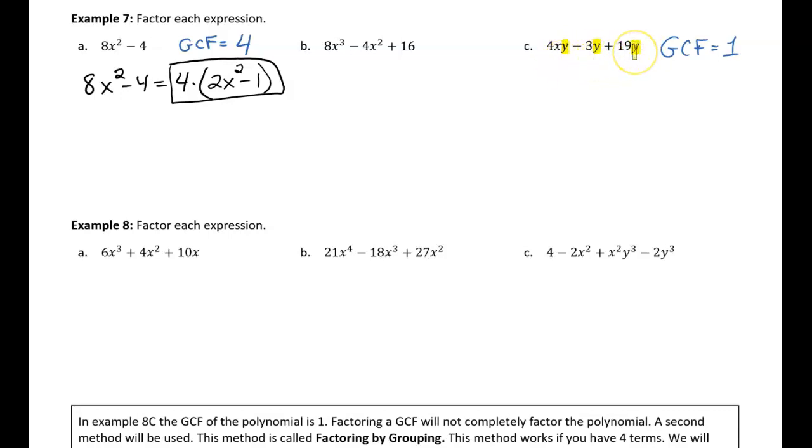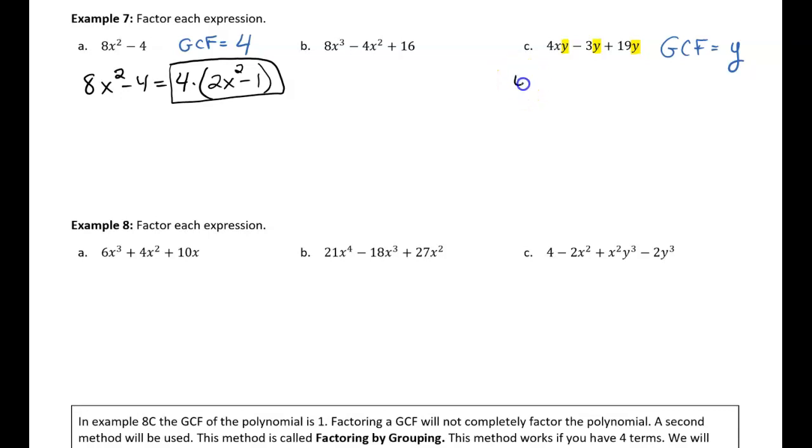So all 3 of these terms have a y in them. So it looks then like our GCF, greatest common factor, is simply y, or 1 times y. If you like the number in front, we can write 1 times y, but that simply gives us y. So GCF, sometimes it's a number, sometimes it's just the variable part.